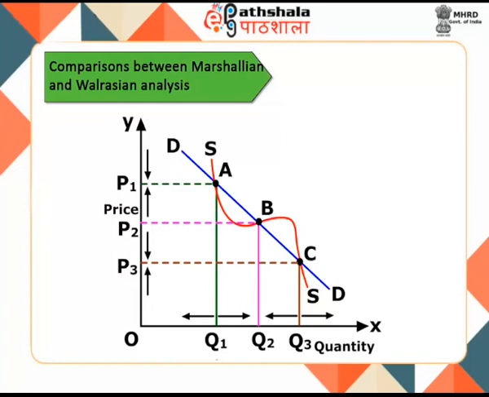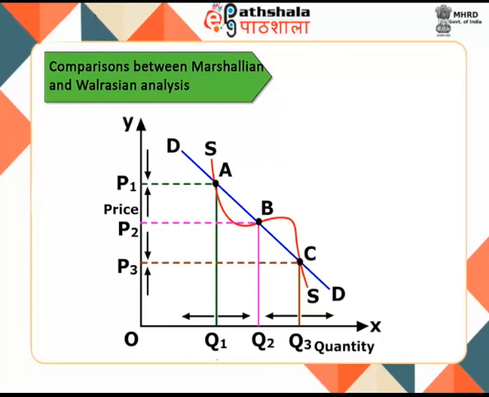Similarly, the demand curve intersects the supply curve from above at point B. The equilibrium is unstable. In other words, the supply curve becomes less steep than the demand curve at point B, which is why the equilibrium is unstable.